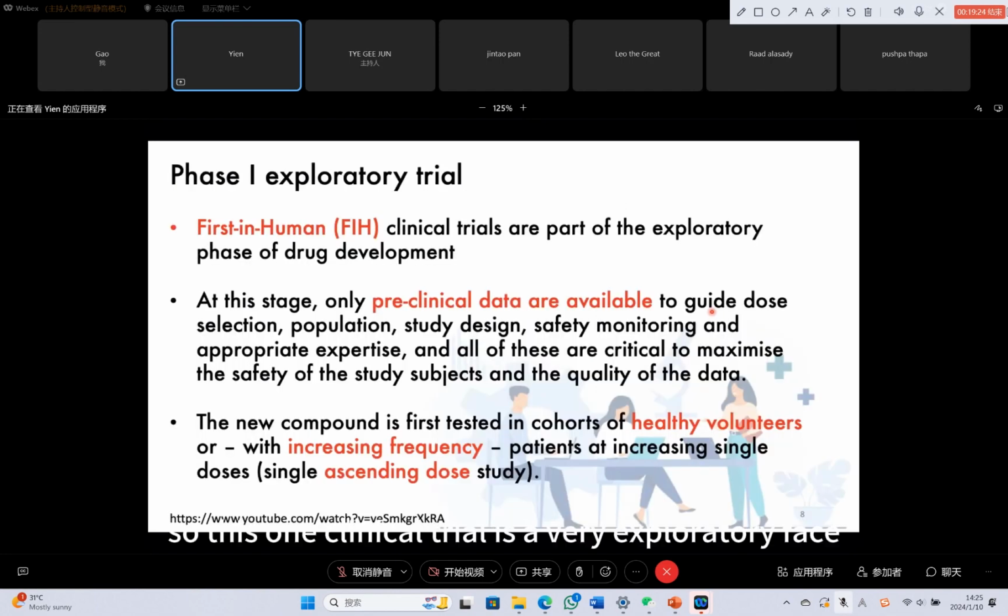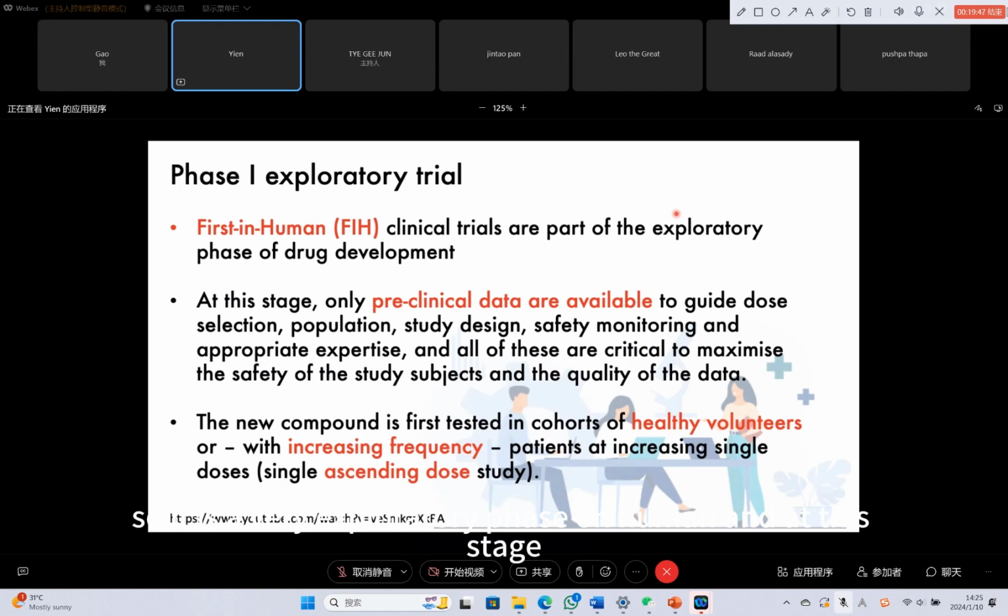Phase 1 clinical trial is a very exploratory phase, as this is the first-in-human clinical trial, because this drug was previously always used on cells and on animals but has not been used on humans before. So it is a very exploratory phase on humans.